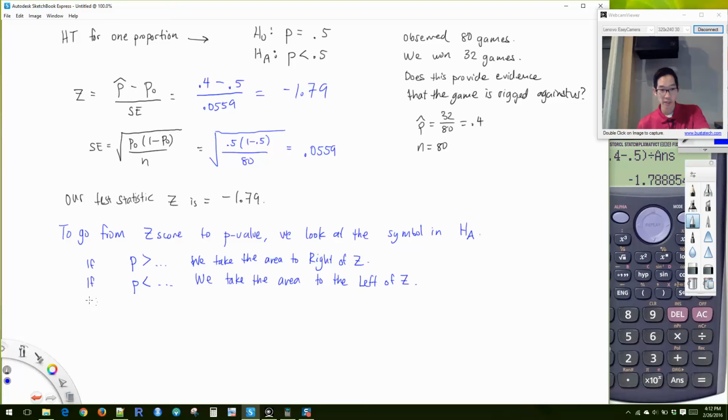And then lastly, if p is not equal to something, we take the tail area. The tail area is left if z is negative, and right if z is positive. We take the tail area and multiply it by 2.